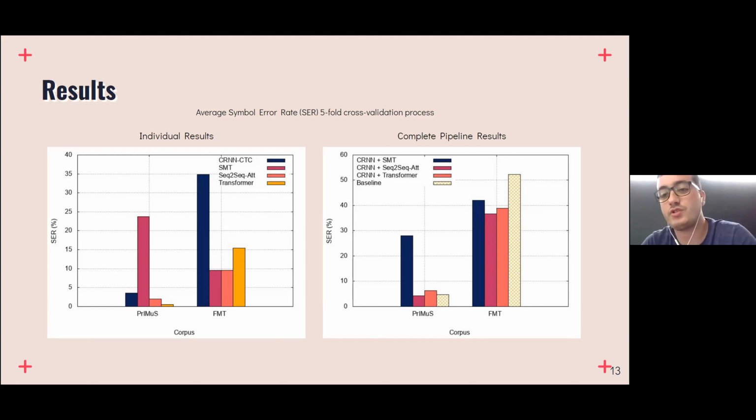But the most interesting results are on the right side of the graphics, where we can observe first that the translation models do not improve the error generated by the graphical recognition step. We can see, for example, in the Primus dataset that they do not get better or worse than a 4 sequence error rate.